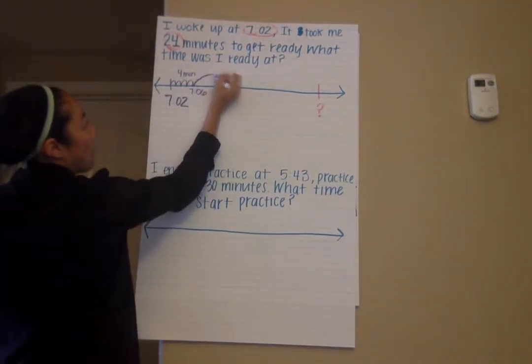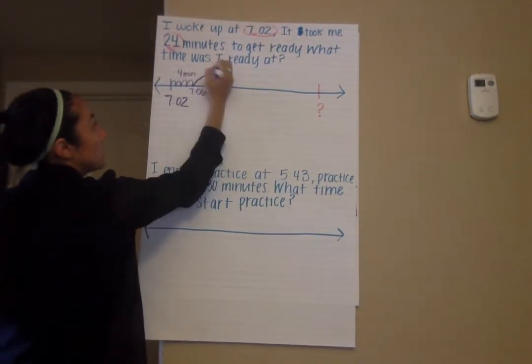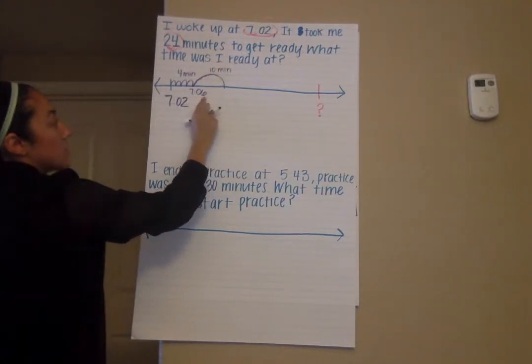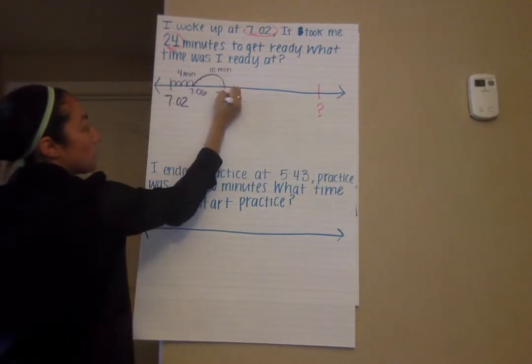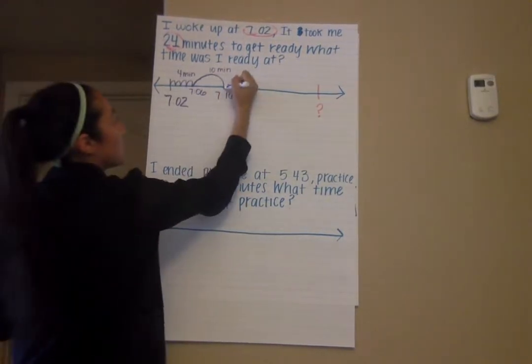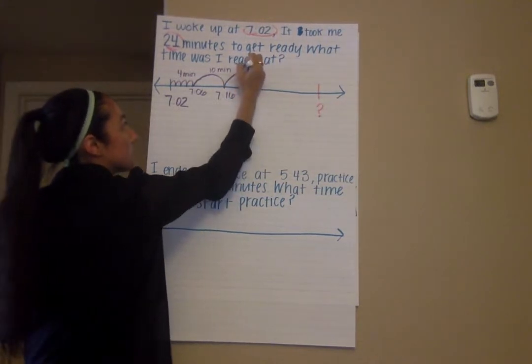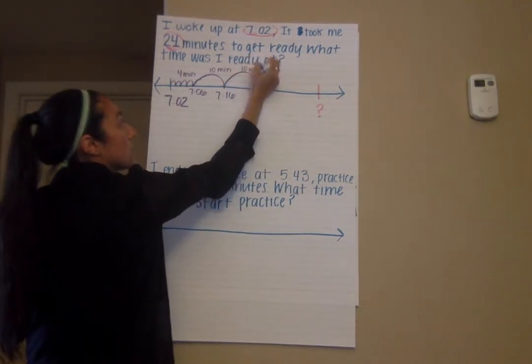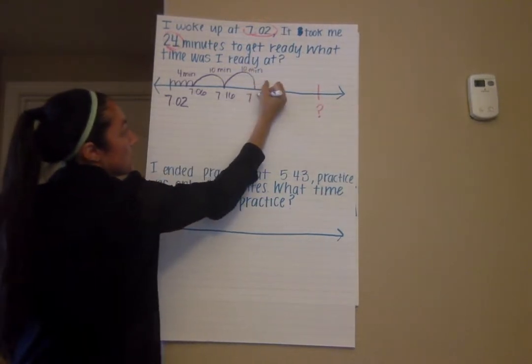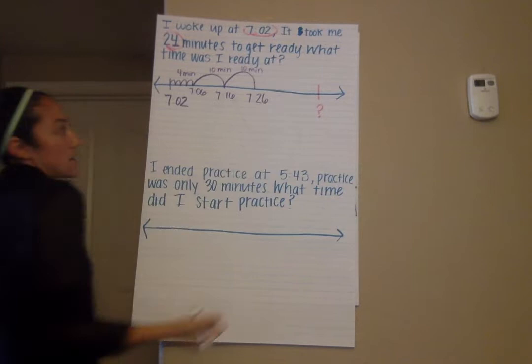So I'm going to go 1 jump of 10. And 7:06 plus 10 minutes will get me to 7:16. And then I'm going to jump 10 more minutes. And 7:16 plus 10 is going to be 7:26.